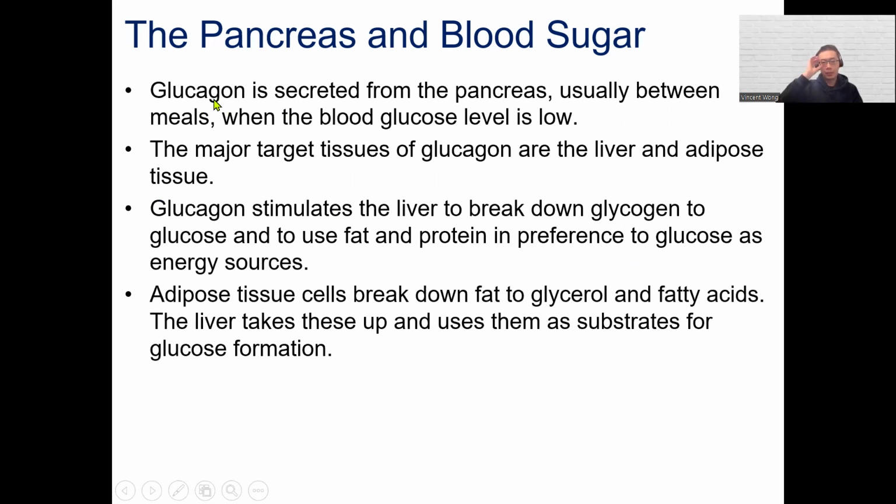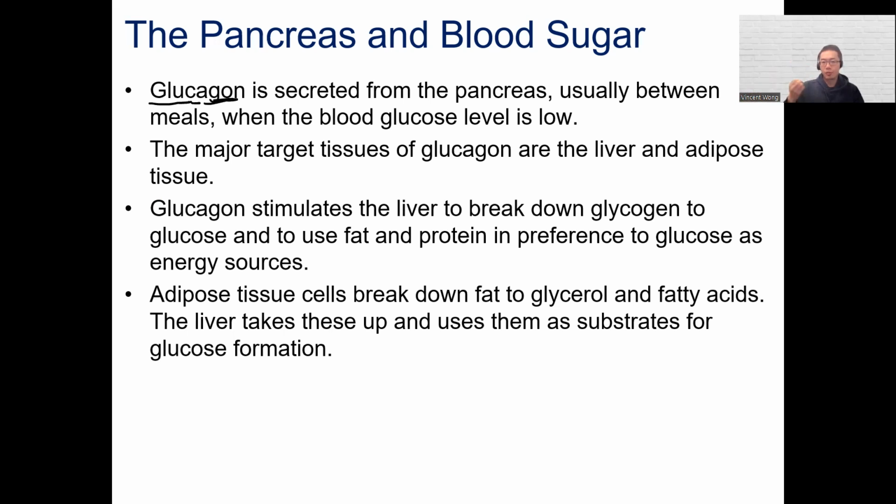Glucagon is the other way around. Okay, you would release the hormone glucagon when you don't have enough glucose. So when glucose is gone from your bloodstream, then you need to release the glucagon to bring it back up. Okay, and it basically reverses everything that insulin does.